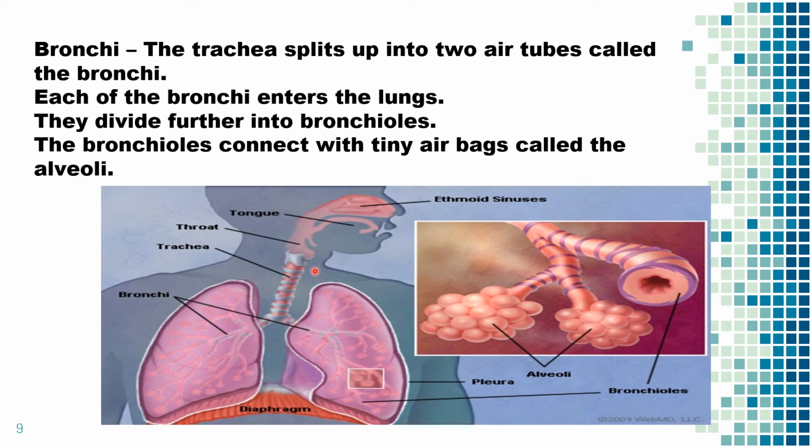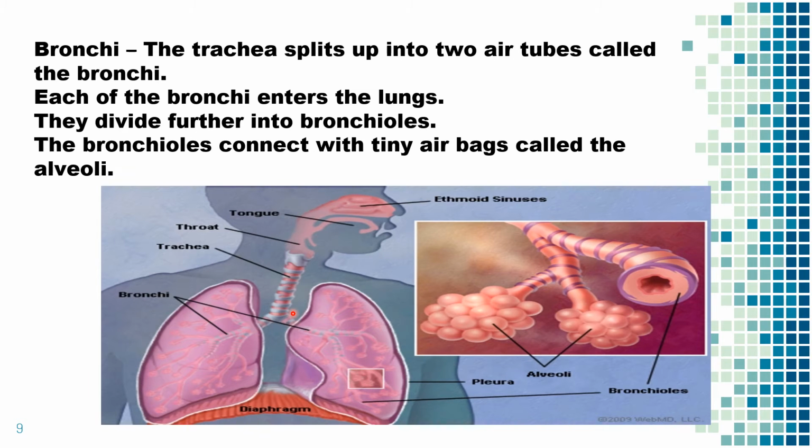Bronchi. The trachea splits up into two tubes. Each of the tubes is called a bronchus. The bronchi further divide and redivide into smaller branches, and the branches of the bronchi are called the bronchioles.